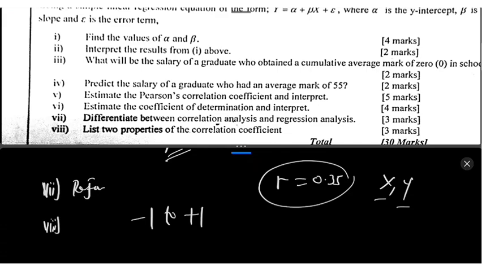Three, if two variables, say X and Y, are independent, the coefficient of correlation between them will be 0. And lastly, the coefficient of correlation is independent of changes of origin, and a lot more. So these are the few things I can share with you. There is more to it that you can also search as well.